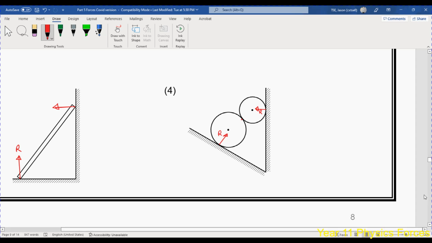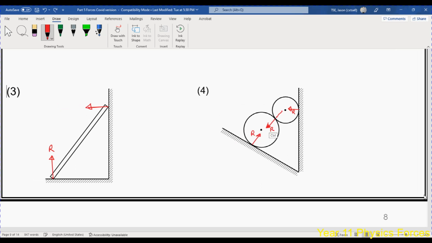I'll be off here, right? Oh, it's terrible. Not a good drawing here. Yeah, better here.